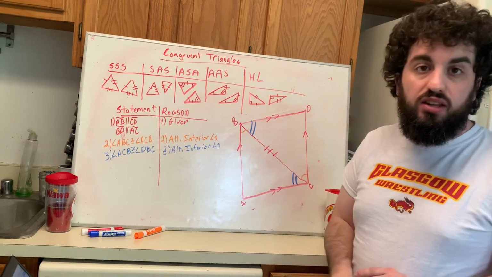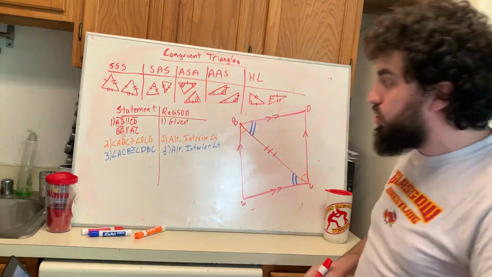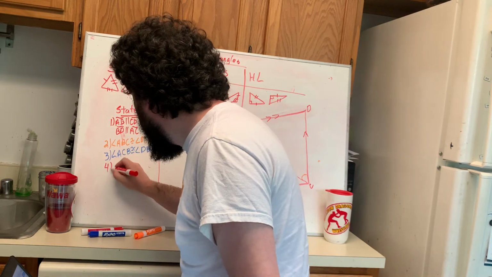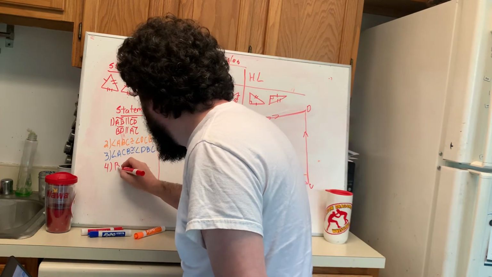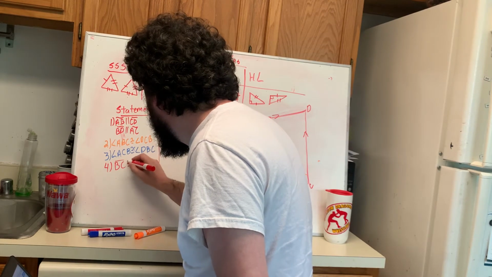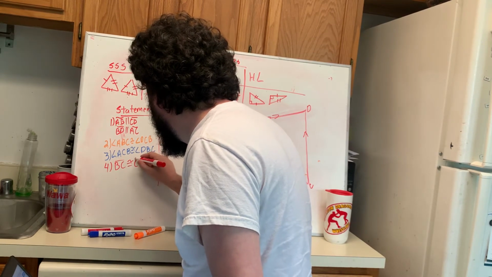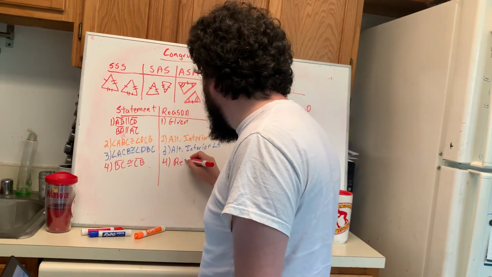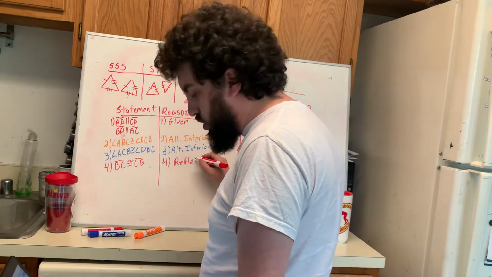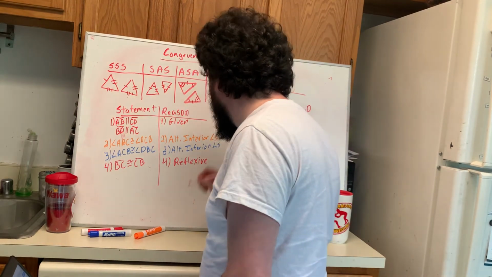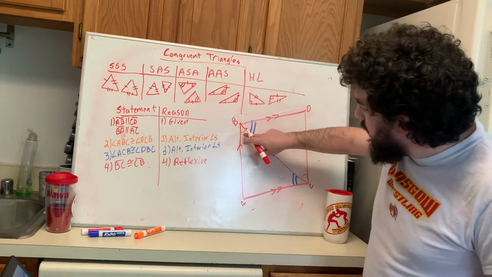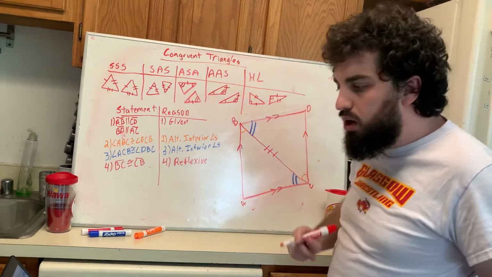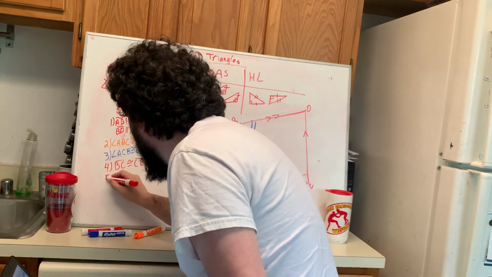This line is the same length in both triangles, so through the reflexive property, I get that in-between line equal to itself. So BC is congruent to CB by the property of being reflexive. It is equal to itself. So now by angle, side, angle, I know these two triangles are congruent.